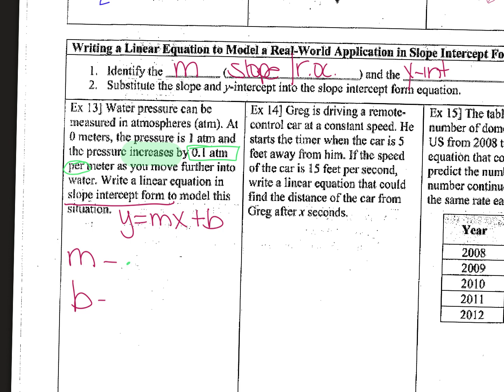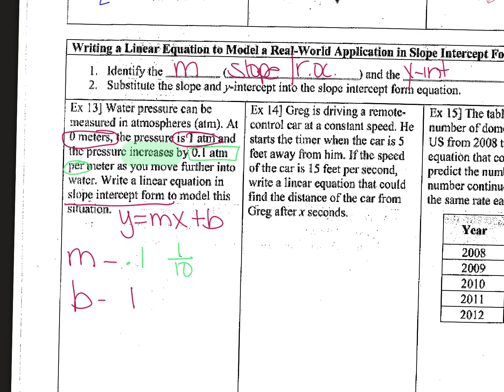So my slope is 0.1, or you can write 1 over 10. Okay, that's my slope. What is our y-intercept? What's the beginning? What's the starting? You guessed it, the starting here at 0 meters, meaning at the beginning, at that y-intercept, it's 1. So my y-intercept is 1.